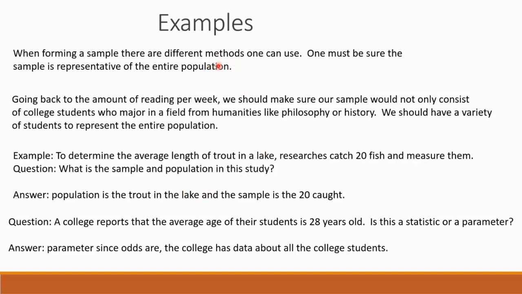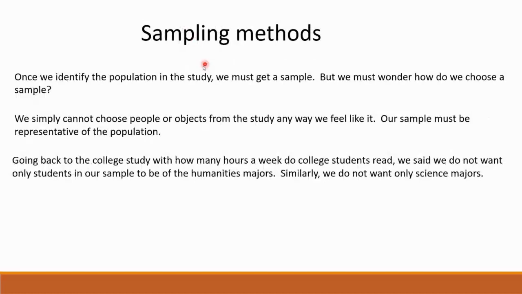All right, so going back to this sampling, how exactly can you obtain a sample? Once you know what the population is, how do you form a sample? Well, that can be tricky. Again, it has to be representative of the entire population.